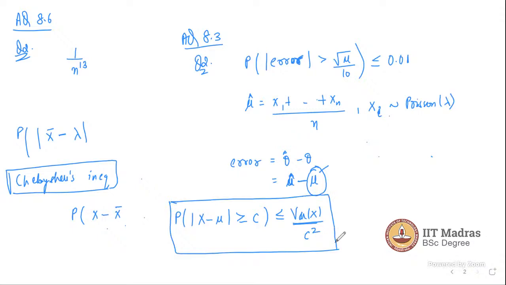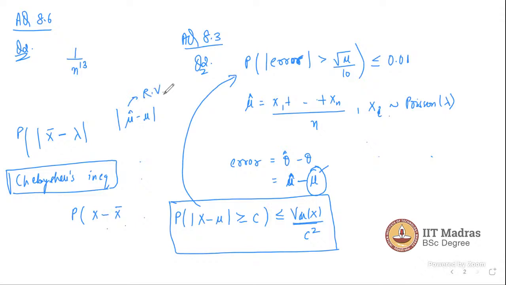Now, can you relate it to this problem? What is your random variable here? So this is your Chebyshev's inequality. Now, if you have error as in mu hat minus mu, what is the random variable here? Mu hat is a random variable, right?